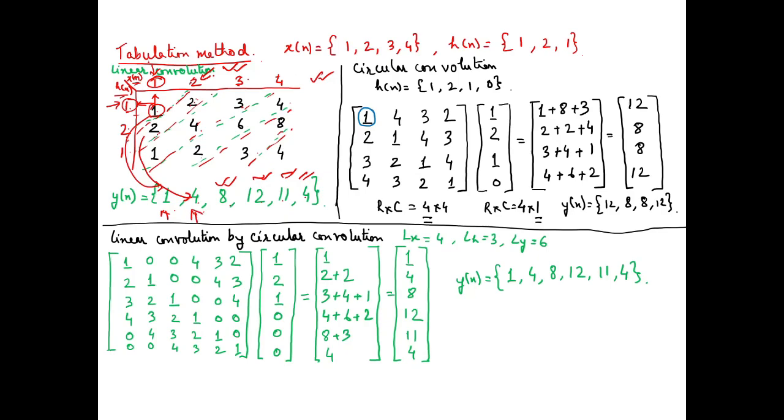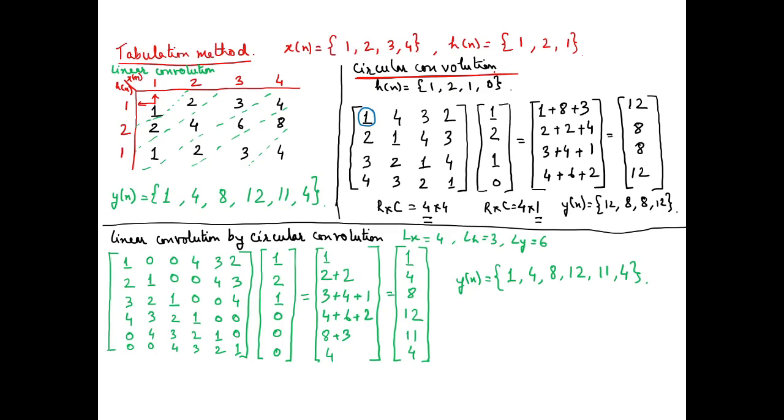Say for example, in the xn the origin value is at 1, and in hn it was at 2. So again 1, 2, 3 plus 1, 4. So again the origin would have been at 4.